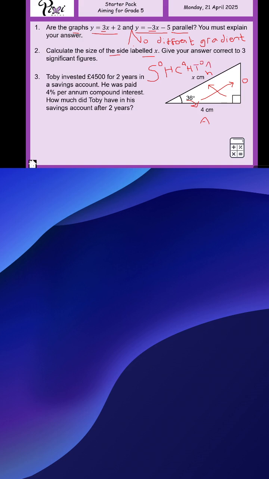Now here, what are we given? We're given information about the adjacent, and we're going to work out the hypotenuse, so we're going to use CAH. Think of these as your triangles. Sine is opposite over hypotenuse, cos is adjacent over hypotenuse, and tan is opposite over adjacent.